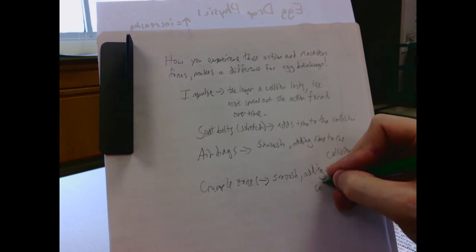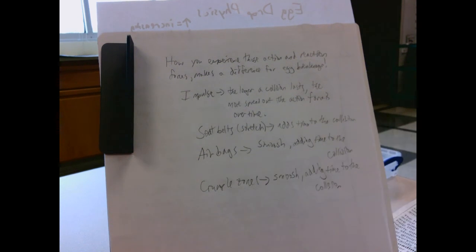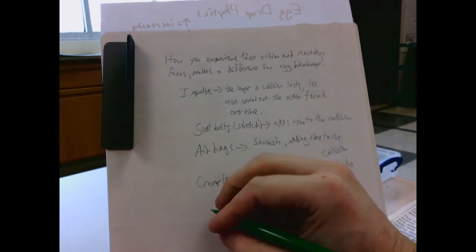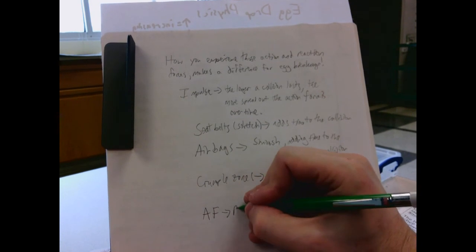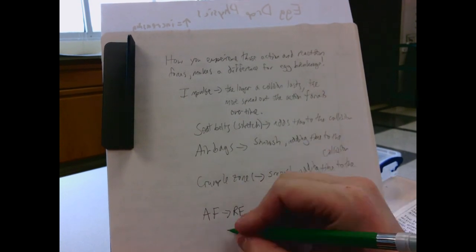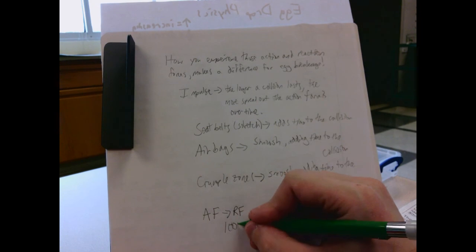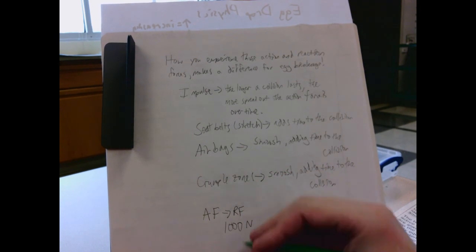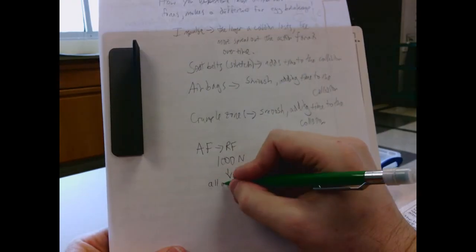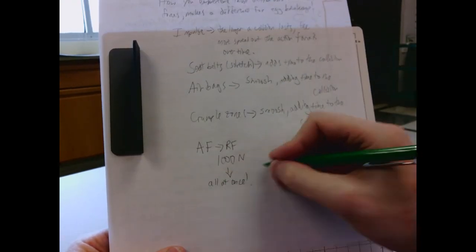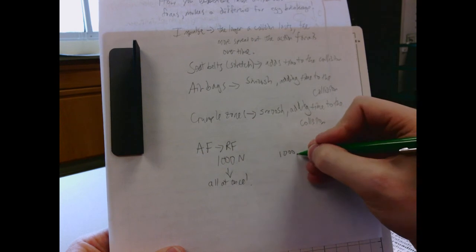And if a number example is something that's going to help you out a little bit more, here's a number example. Let's say that the action force, which leads to a reaction force in the collision, were 1,000 newtons. You can either take that 1,000 newtons all at once, or you can take that 1,000 newtons spread out.